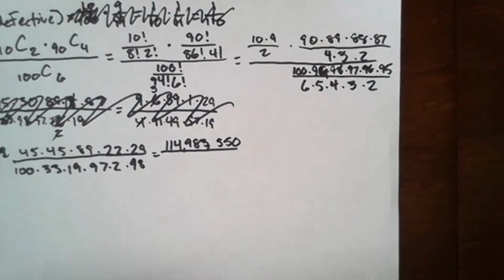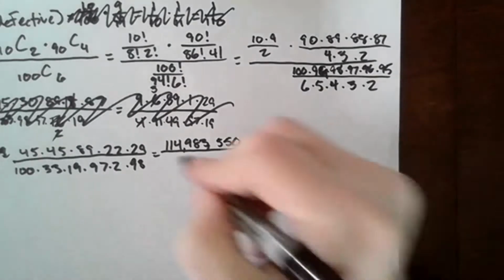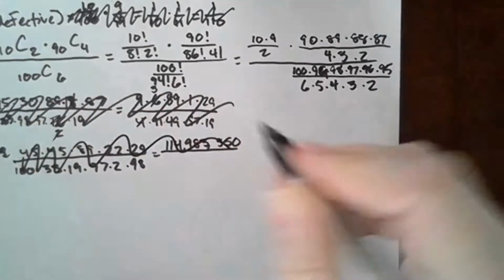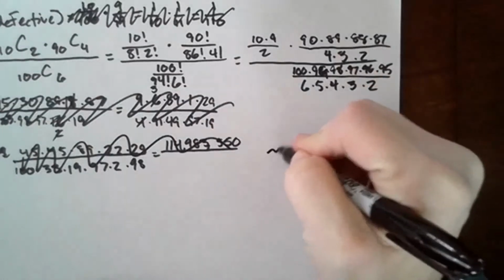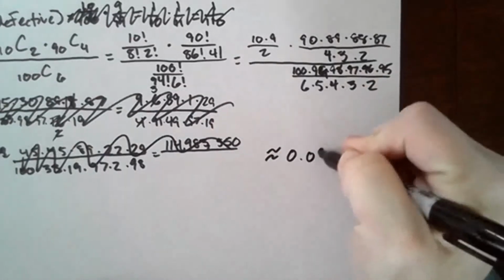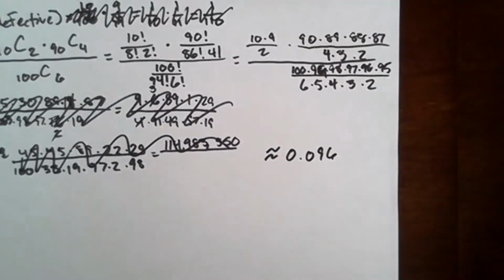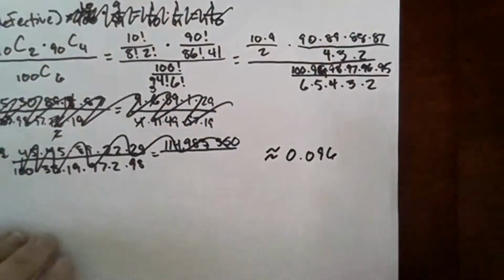That's going to be a lot easier. This is approximately 0.096. That's our probability for this one. Sorry for all of the confusion. When we get into these big factorials, it gets a little awkward.